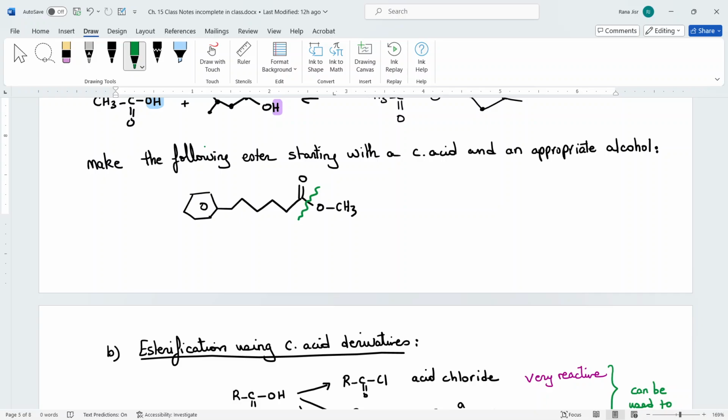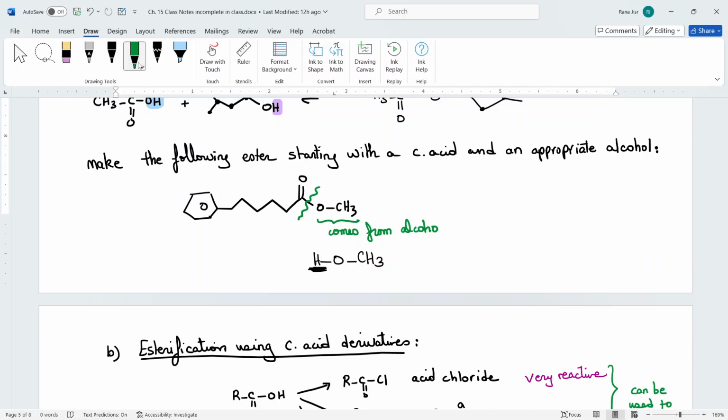So you always target the ester bond to break it. And this one over here, we know that this one comes from the alcohol. So all you need to do is add a hydrogen to it, because we know that the alcohol loses a hydrogen. So we're going to add a hydrogen to it.